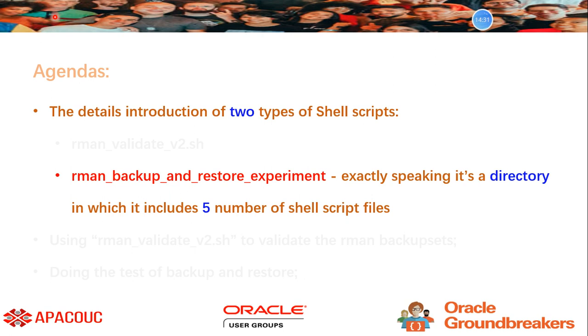Now, let's take a look at the first part in the second section. I will show you some details of this shell script, RMAN backup and restore experiment. Exactly speaking, it's a directory which includes 5 shell script files.